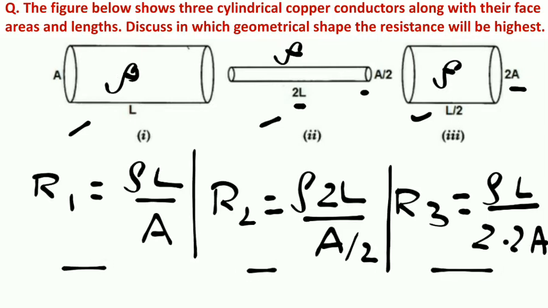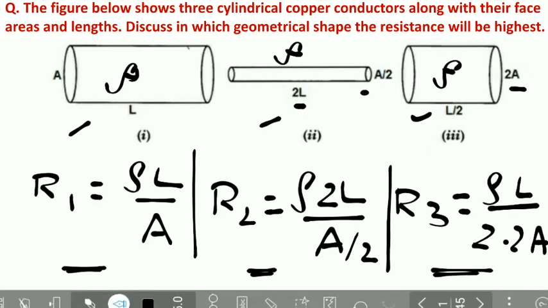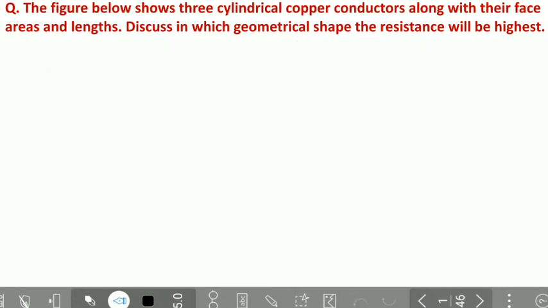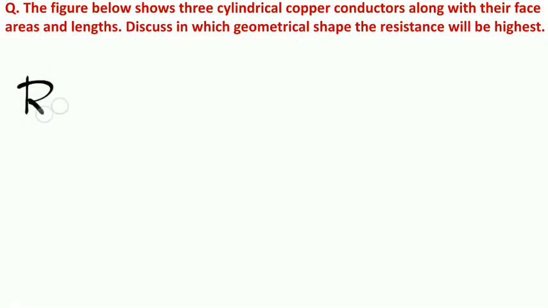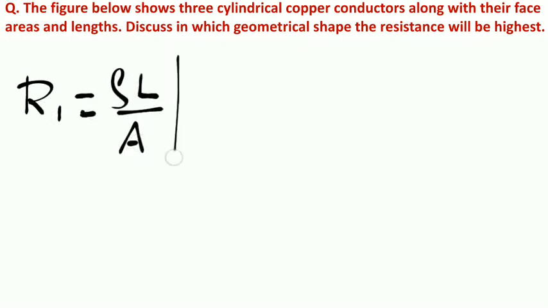Now we need to calculate in which one the resistance is higher. So let us calculate. In the first one, the resistance is rho L upon A. In the second one, what will be the resistance?